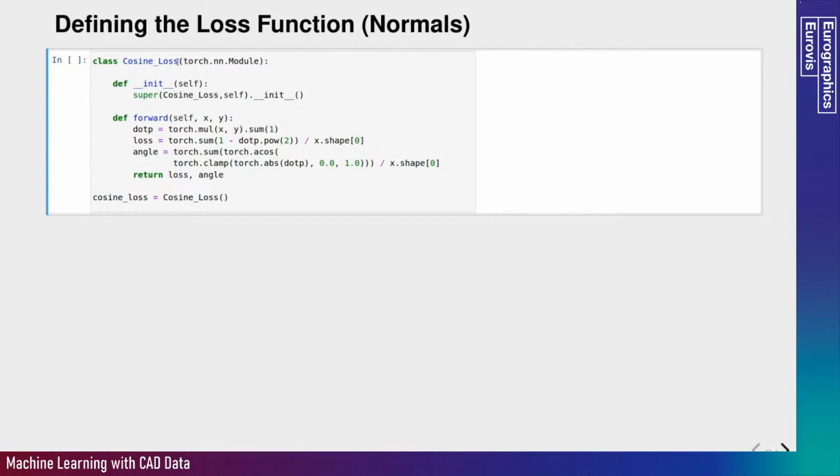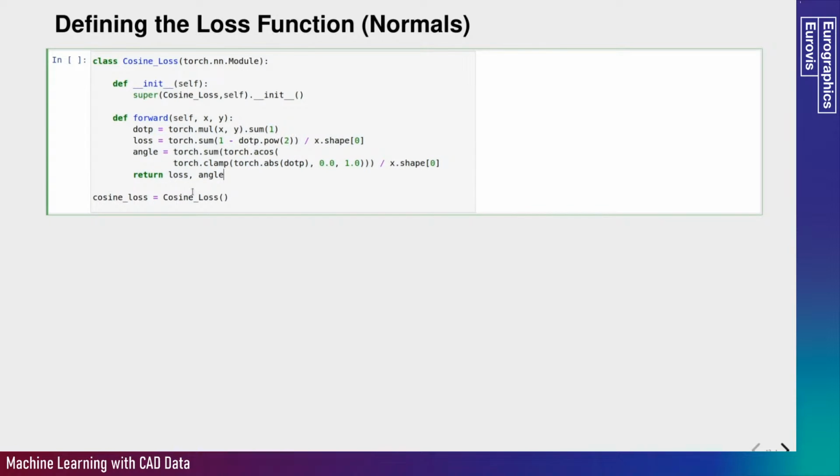Here we define a class cosine loss, which inherits from a torch module. We have this constructor here, and then the actual code goes into the forward function. What we define here is not just the loss, but also some sort of accuracy measurement, so that later when running the training we have an accuracy value to plot.